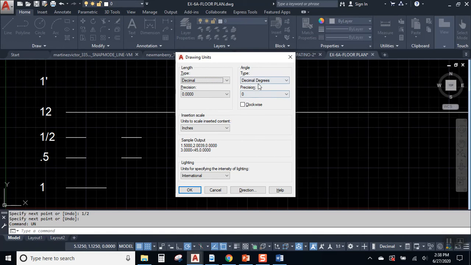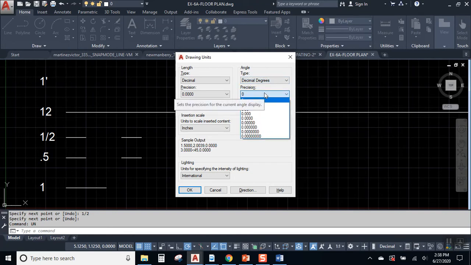Okay, over here on the right hand side, angle measurements. If we had some angles, how do you want AutoCAD to indicate the angle? Decimal degrees, degrees, minutes, and seconds if we're doing civil engineering or surveying. Radians, surveyor's units with distance and bearing, right? So there's a number of different ways of calculating an angle. And then precision.